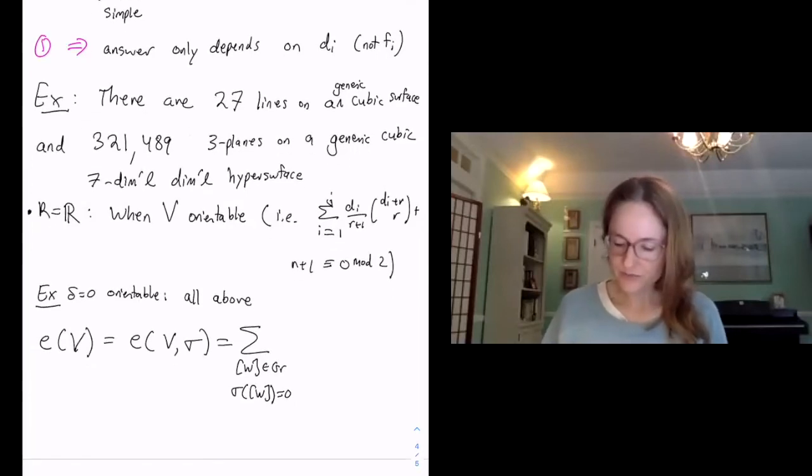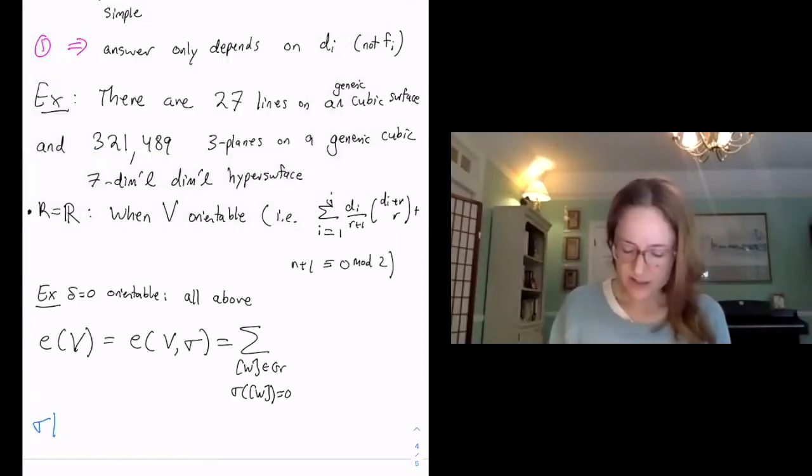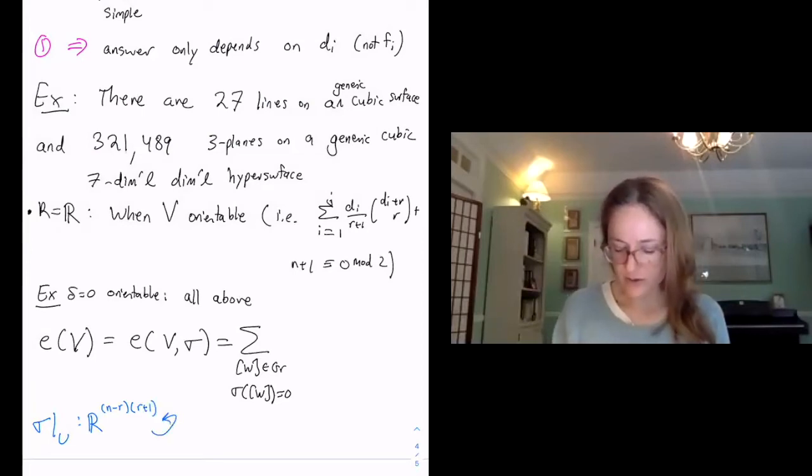So if we look at sigma in some small neighborhood U of a 0 of W, it's going to look like a function from R to the dimension to R to the rank, which is the same.